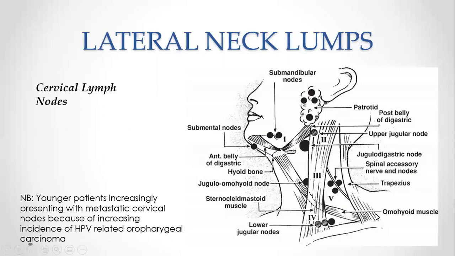Systematically, we can examine from the anterior. I explained level 1. We can start with level 1 and then go to the parotid or preauricular area, then the post-auricular area, and then along the sternocleidomastoid muscle, level 2, level 3, and level 4, the supraclavicular fossa, and then go back to level 5 in the posterior triangle, and finally go to the midline.